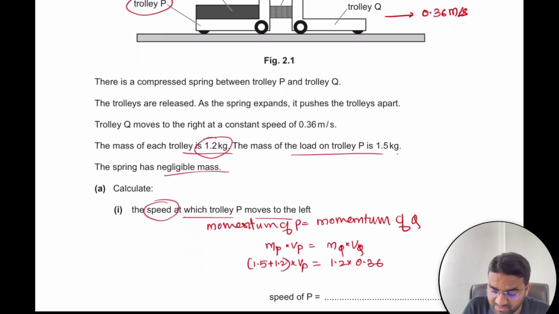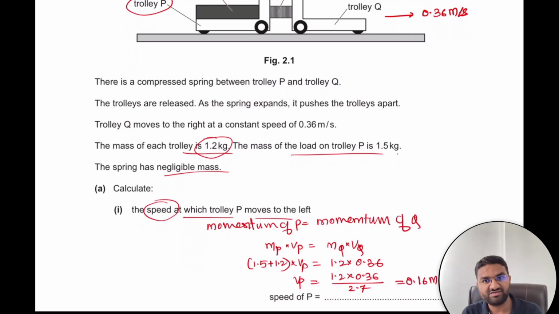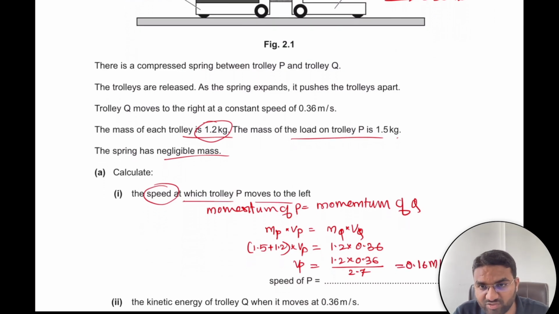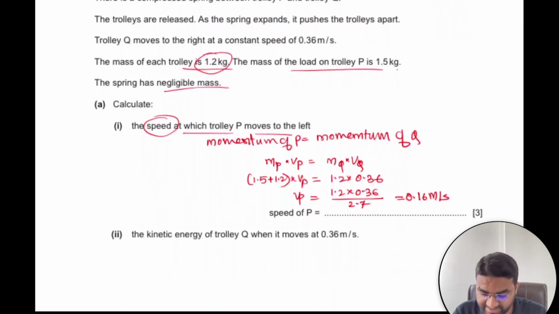Fine. And if you rearrange the whole thing, Vp is equal to 1.2 times 0.36 divided by 2.7. So if you calculate this, we will get 0.16 meter per second, meaning the speed of P is 0.16 meter per second.